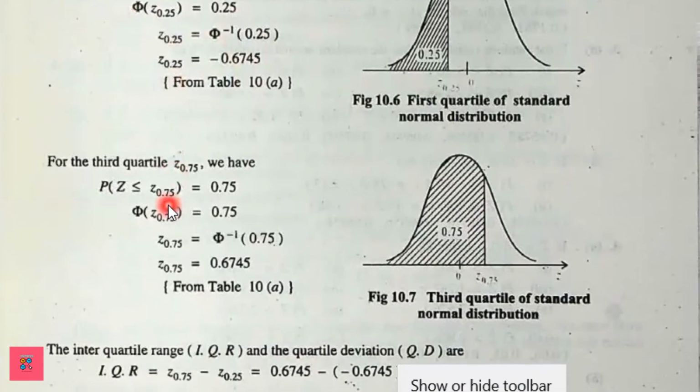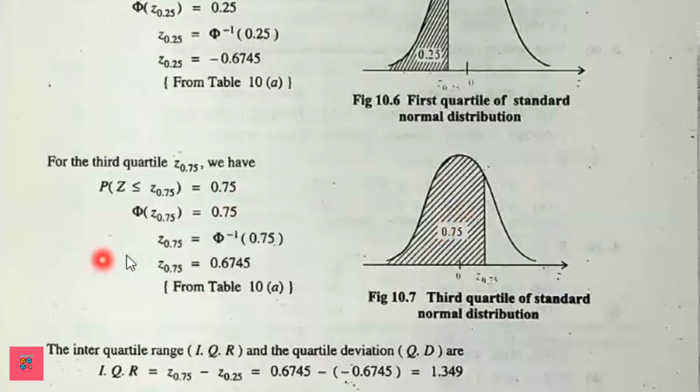It's P 0.75, the third quartile, whose probability is given as 0.75, and its area you can see is here. Probability Z less than Z 0.75 is replaced by capital phi of 0.75. I told you that whenever area is given below the point, it is a less than sign, and probability Z less than will be replaced by capital phi.